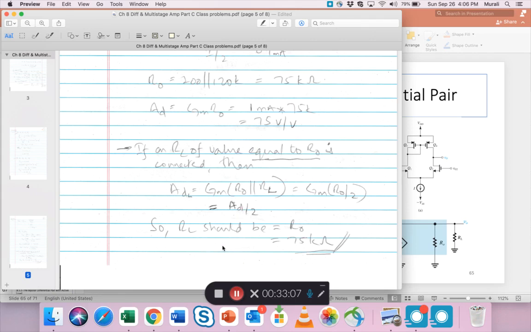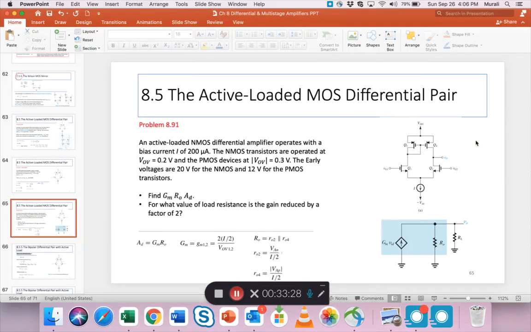So if RL is equal to RO, which is 75K, then you get half of the total gain. Okay, so remember that condition. I think we have studied this in the past, but it's an important rule that we use quite often.